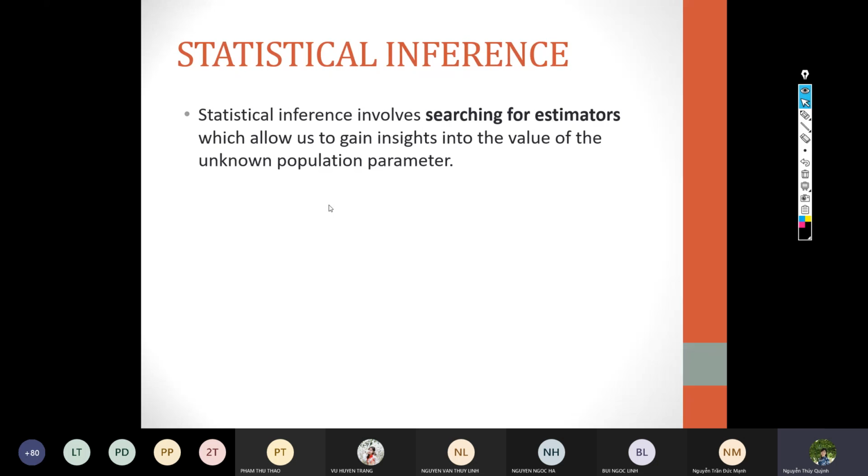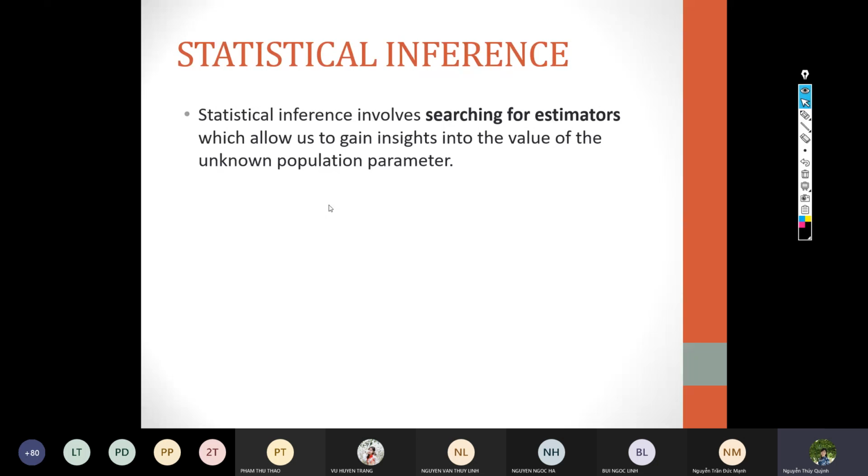Because we do not have the full data of the whole population of interest, we cannot calculate the exact value of the population parameters. So we take a random sample and calculate the sample statistic, and we use the sample statistic to get an approximation of the population parameter.